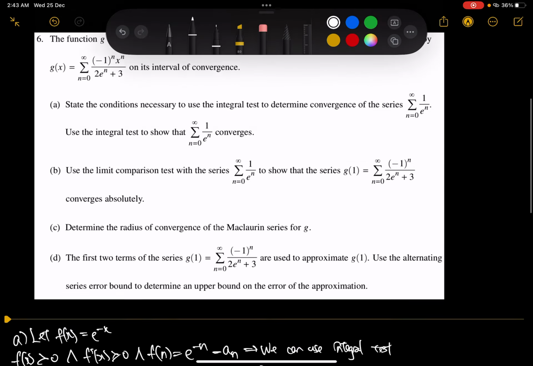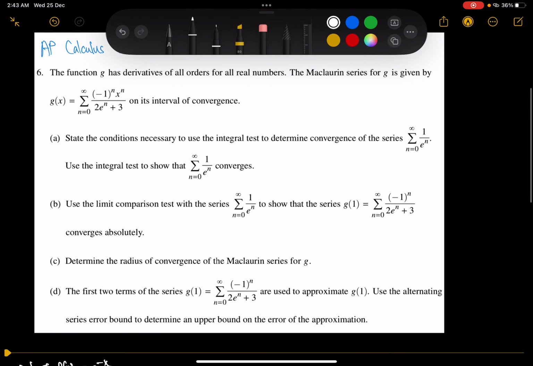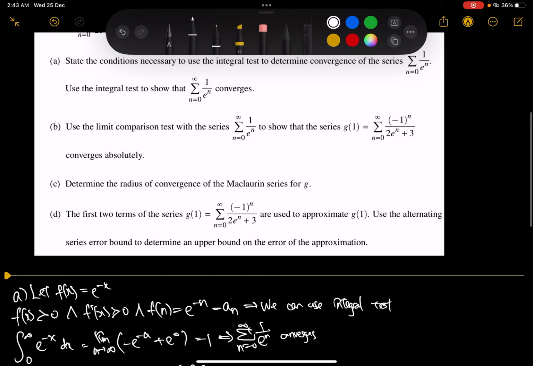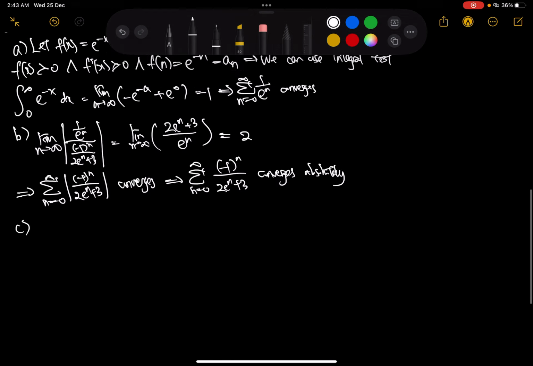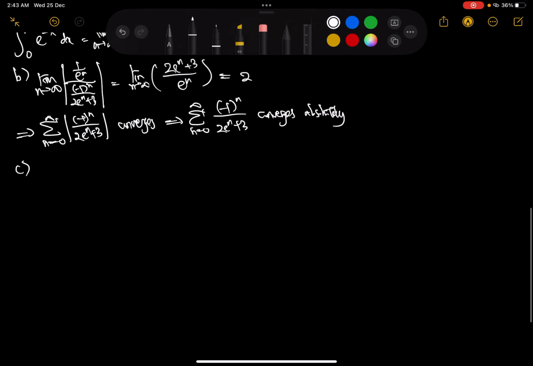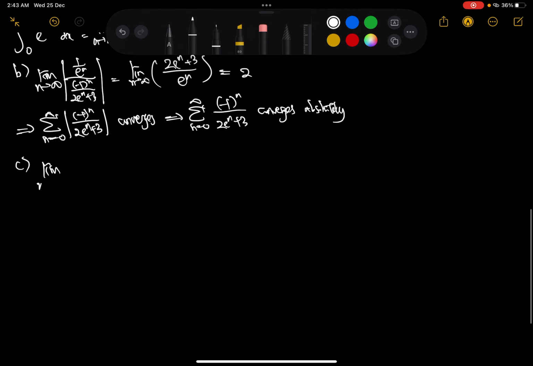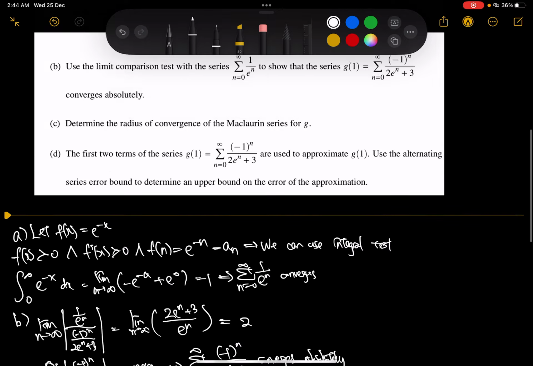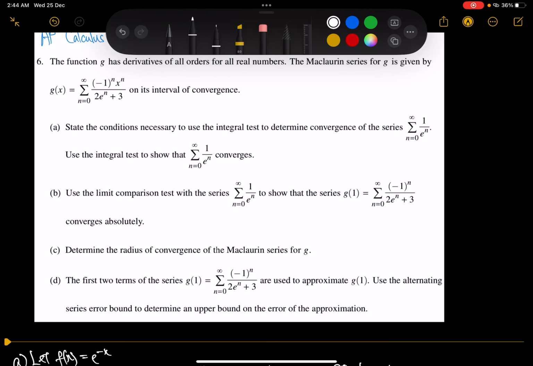And then part C is to find the radius of convergence, which means we need the ratio test, because we'll get inequalities and know when the series will converge or diverge. So this one's also straightforward. It's all about doing limits in part C, I think.